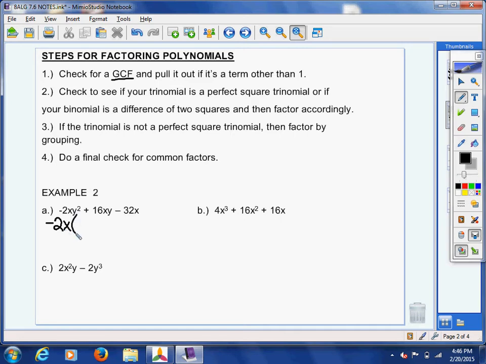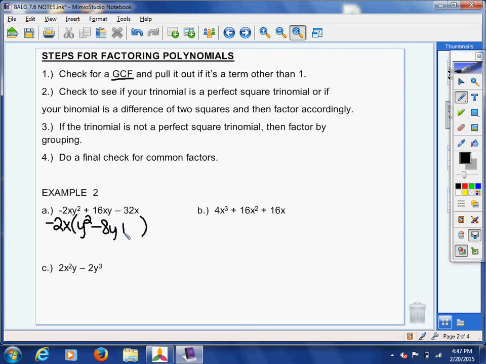All right, so let's see what we left behind. -2x times what is -2xy squared? That would be y squared. You nailed it. -2x times what is positive 16xy? That would be -8y. And then -2x times what is -32x?